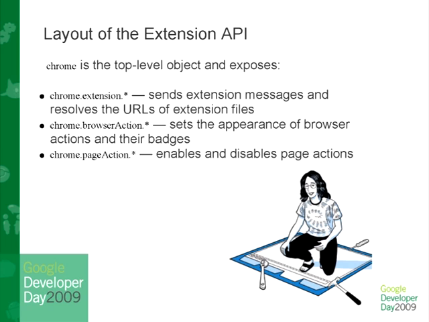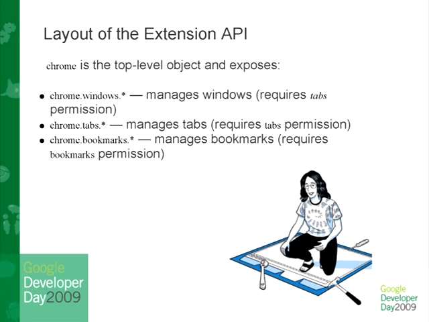The next set of objects that we have are all around integrating with the browser. So the first is Chrome.windows. This lets you create, delete, get, and set windows inside of Chrome. And as it says here, that requires a tabs permission in your manifest file. So this actually isn't a typo.